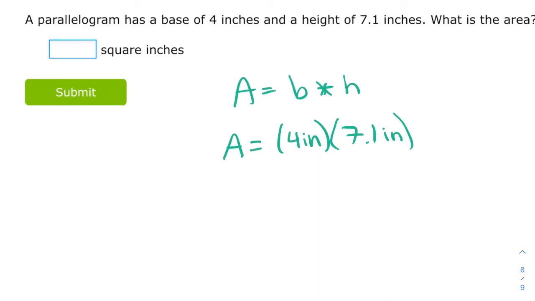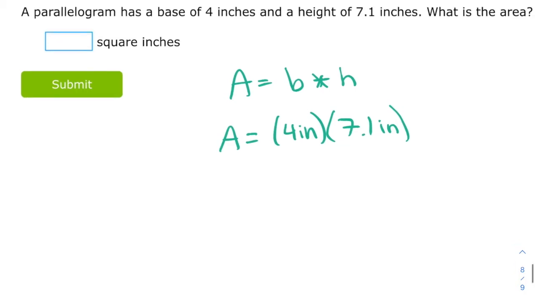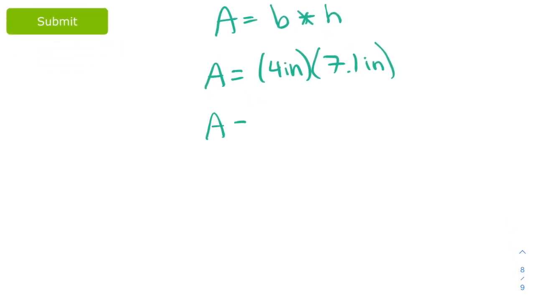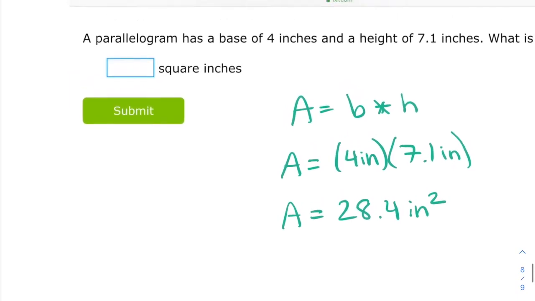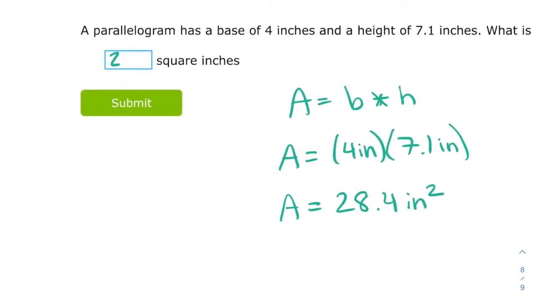So 4 times 7.1 is 28.4. So 28.4 inches squared, because inches times inches is inches squared. So the answer is 28.4.